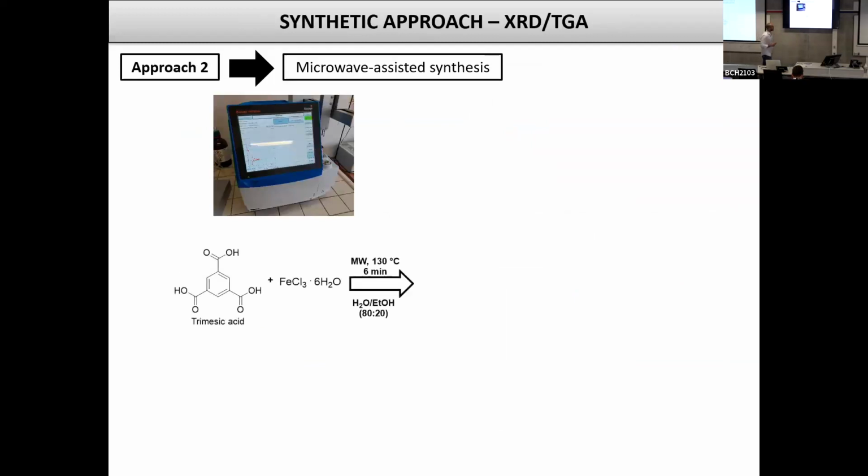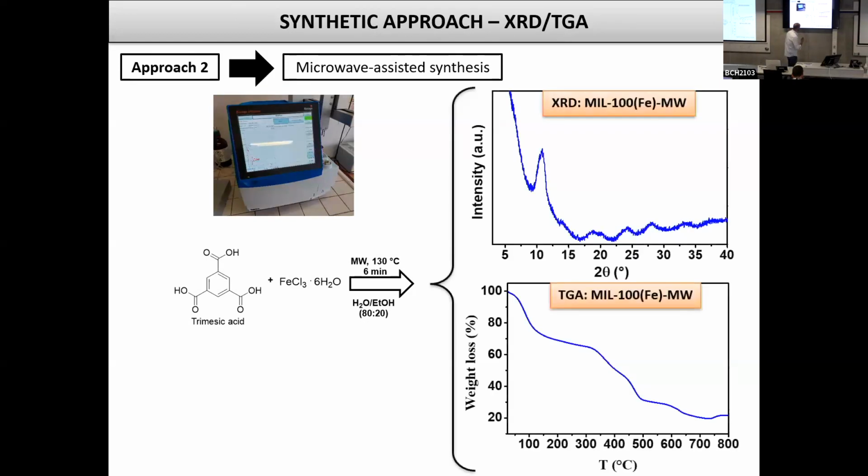For the microwave assisted synthesis, we employed this procedure. We performed the synthesis at 130 degrees for 6 minutes. We obtained interesting results for MIL100. However, for MIL101, we tried different procedures, but none of them led to the synthesis of this material.